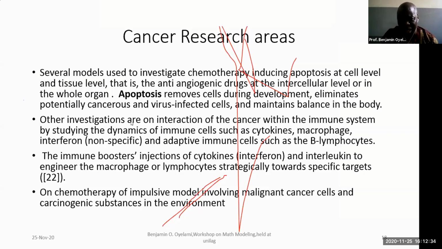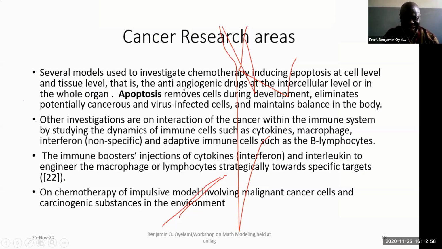So one way of controlling cancer is to cut off those blood vessels so that the nutrients, the blood, and the oxygen will be cut off. And so those drugs that have that property are what we call antiangiogenic drugs.